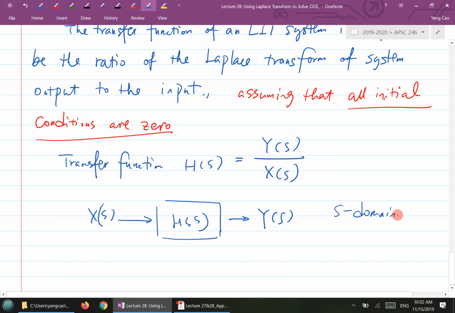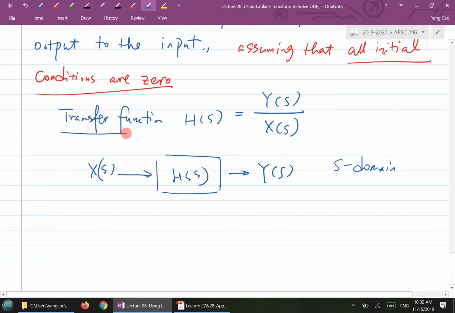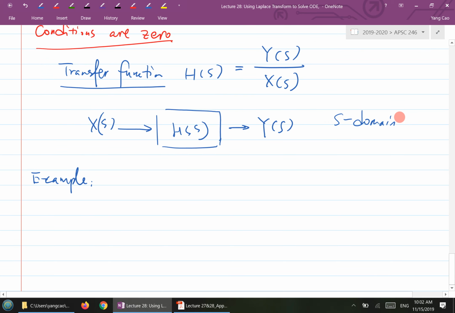So let me show you examples of how to find the transfer function. Here's an example. A system is described using the following second order ODE.